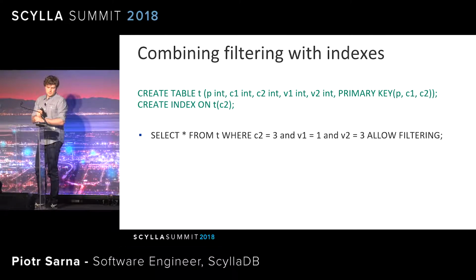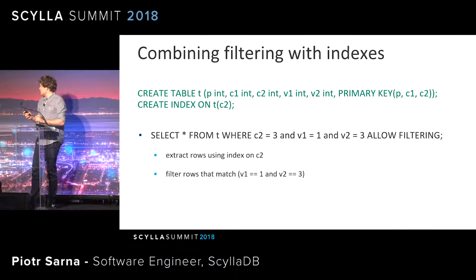Again, we have a rather simple table, and we create an index on one of the clustering columns. Now we want to query for rows that have restrictions on this column, but also some regular columns. This query is valid, it will work, and how it will work exactly is as follows.